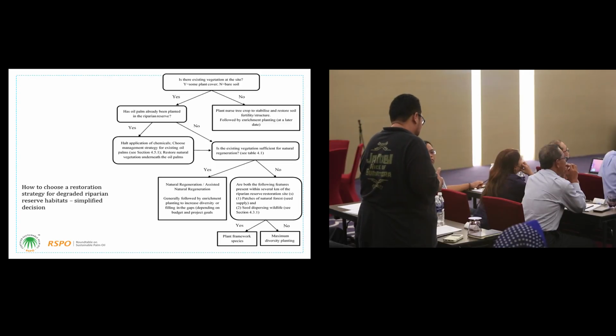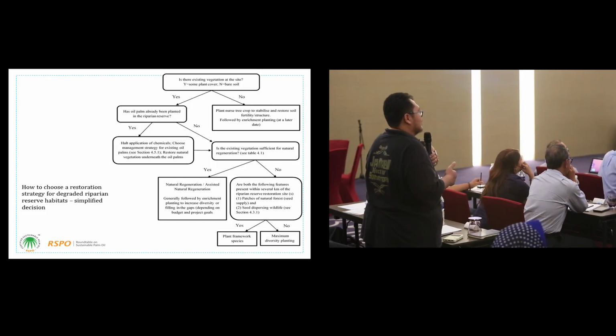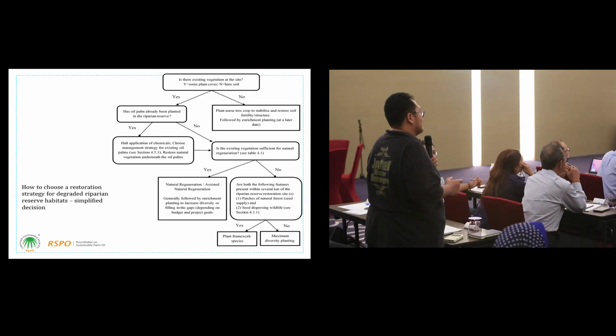My first question is, will there be any stakeholder consultation for this guidance? Because when I did an audit, sometimes the riparian area had already been cleared, and then the company quickly tried to restore the area, but they used some sort of cover crop species, for example, like mucuna.